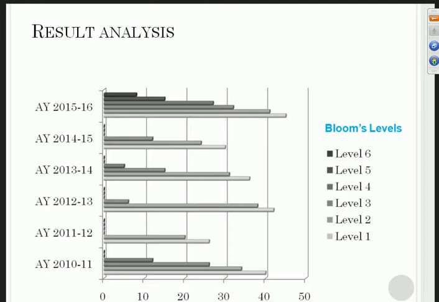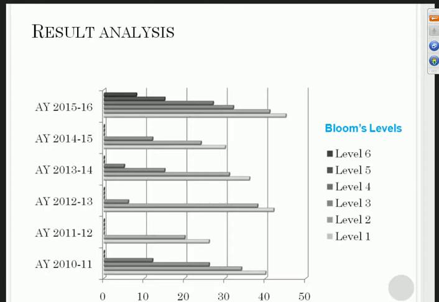In the first year, what I observed is I was using the first, second, and third levels alone. In 2010-11, I couldn't reach levels 4, 5, 6. In 2011-12, still I was unable to, because I was adjusting the mindset of the students. I was thinking how better I can present this to the students. Levels 3, 4, 5 I couldn't achieve.